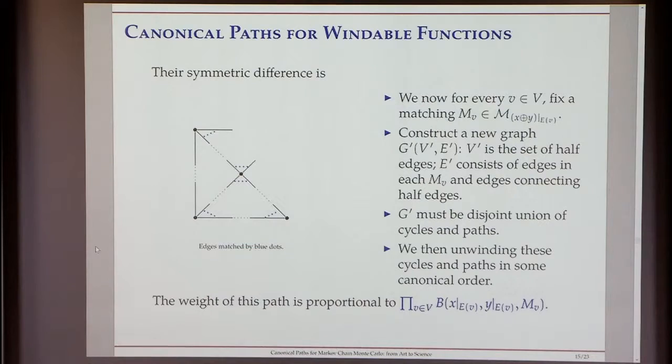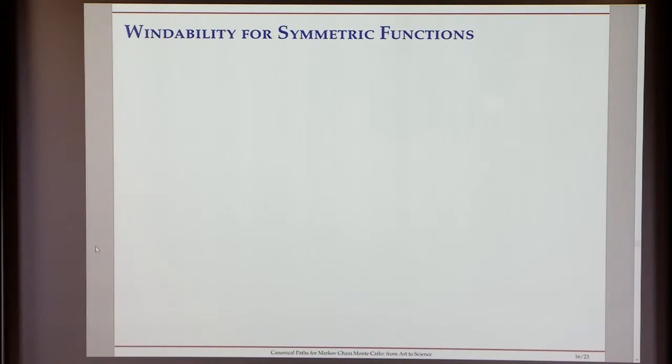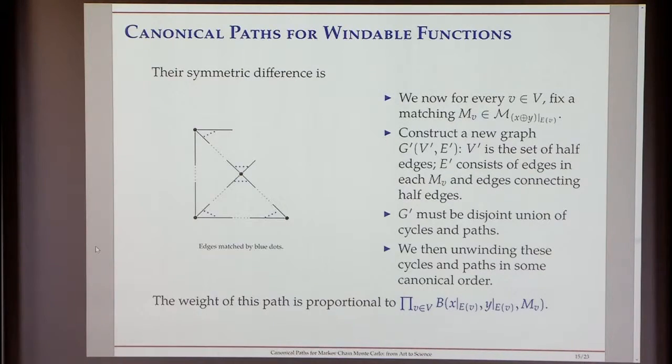Okay. So this is our definition of the canonical path for windable functions. So in this way, if we apply the second condition in the definition of windable functions, we can prove this canonical path has no congestion.